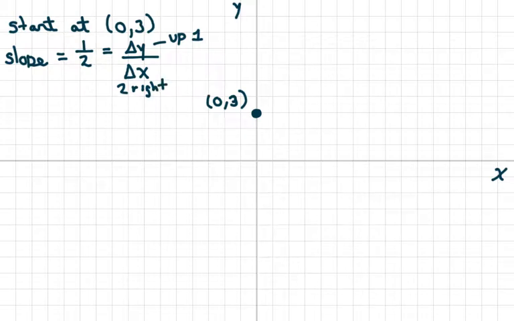Okay? So from my starting spot, up 1, 2 to the right, there's another point. Up 1, 2 to the right, there's another point. Or 2 to the right, up 1, there's another point.